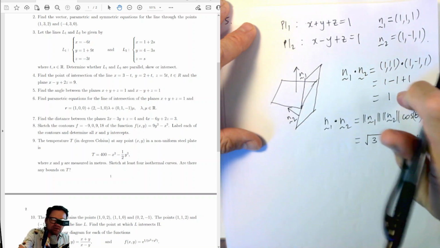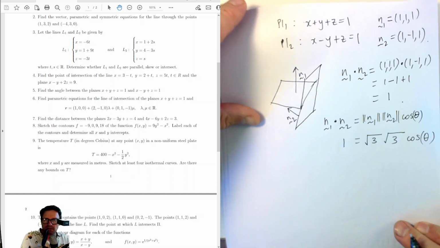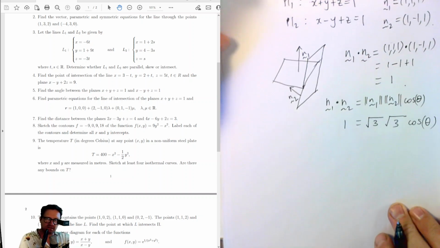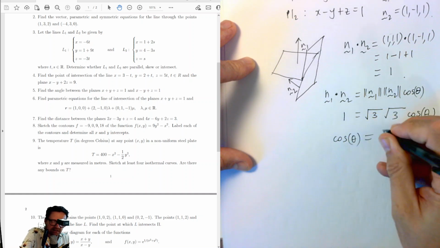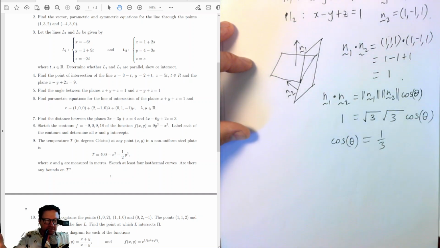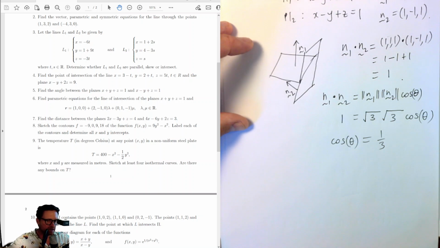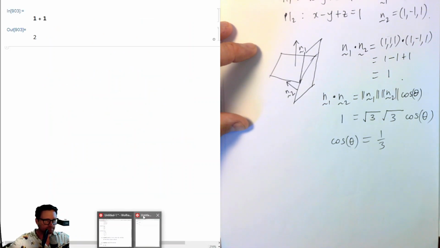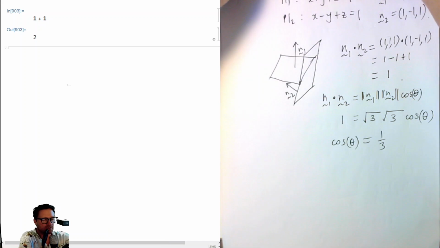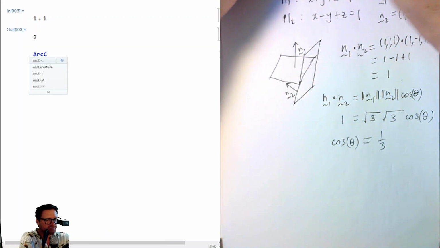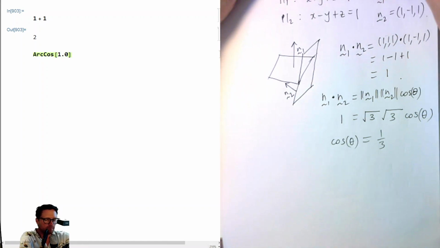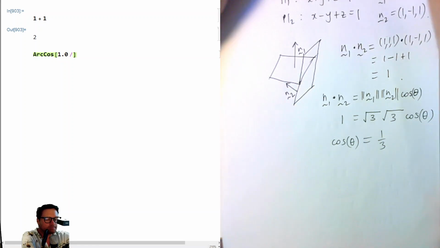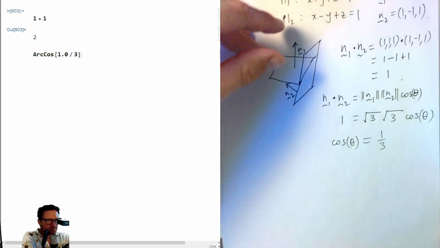And then we know that this dot product is 1. Root 3 times root 3 is 3, so we have cos of theta is equal to 1/3. Now I'll open up my calculator in Mathematica and type in arc cos for the inverse cosine, but you can get on the calculator and type in cos superscript minus 1 of 1/3.